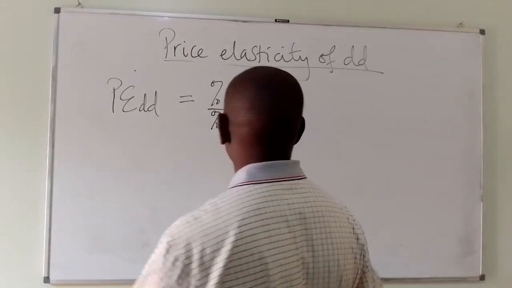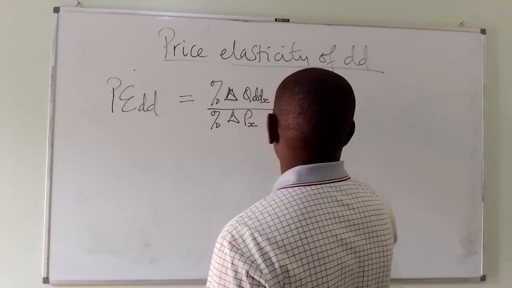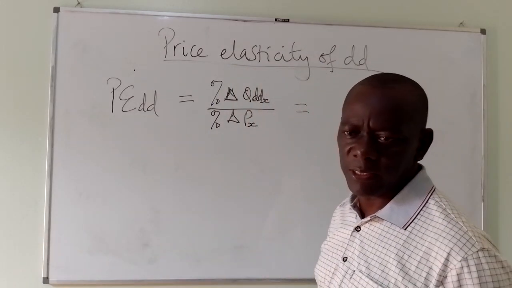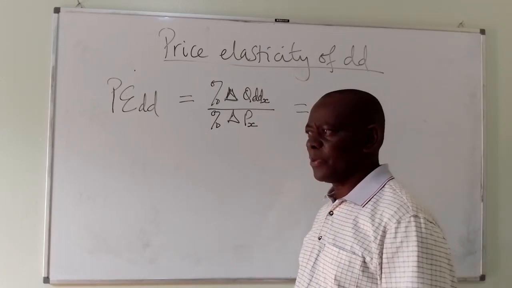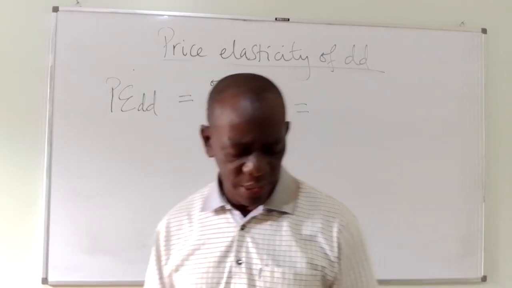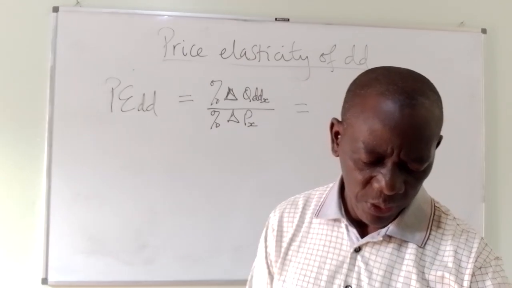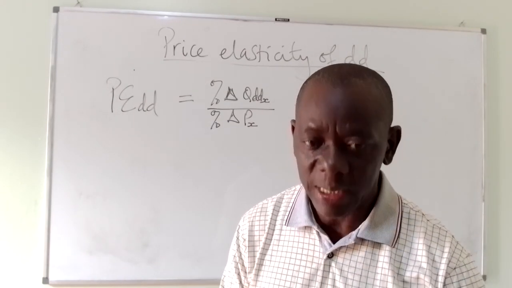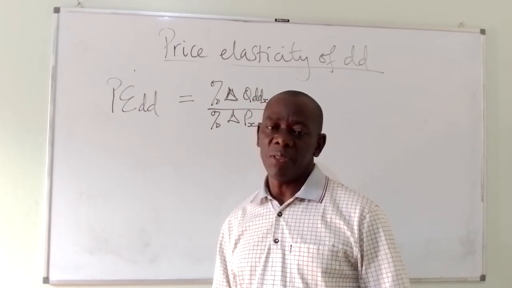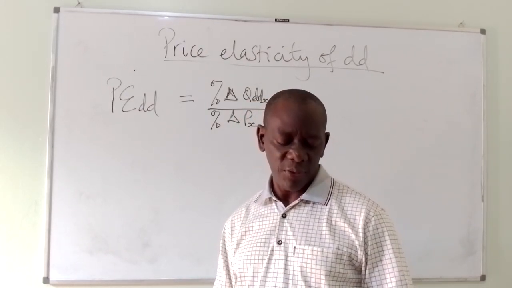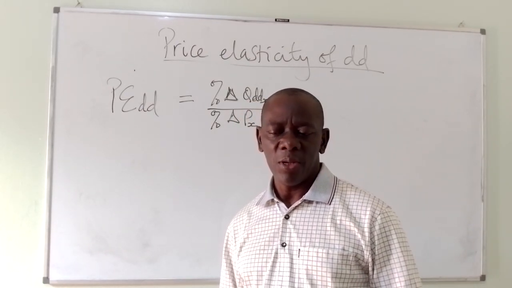If you expand this formula, how do we calculate the change? In simple mathematics, you see many people, not many, but all students in the Ugandan setup, you have to do economics with mathematics. I've mentioned that one before.